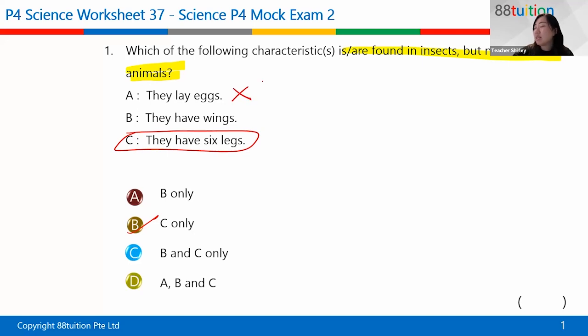Laying eggs doesn't mean it's only in insects because animals like, for example, birds and fish also lay eggs, right? It doesn't just uniquely belong to insects. Then of course they have wings also. It doesn't mean that only insects have wings. Actually, there are other animals such as birds that have wings. So it must be only found in insects. Therefore, the answer is B.